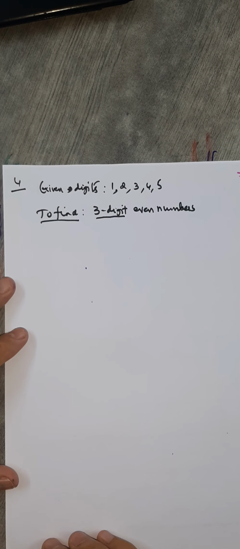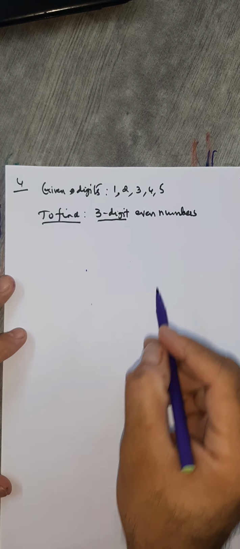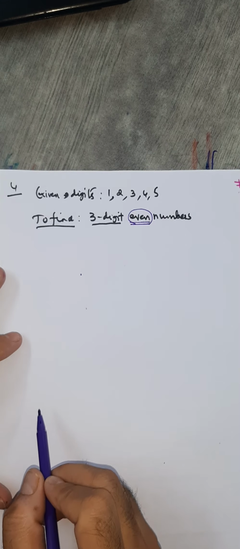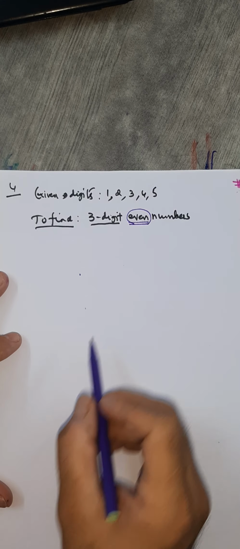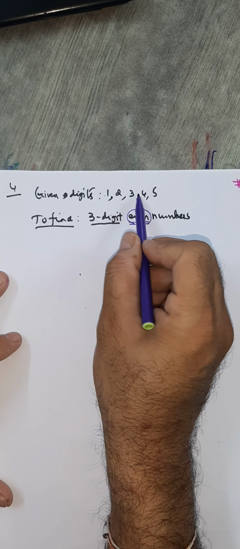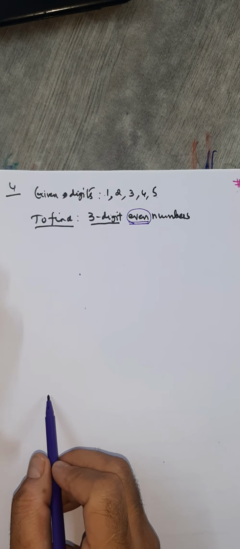Question number 4. How many 3-digit, see here even word is there, even numbers can be formed using the digits. Here digits you are given 1 2 3 4 5, no digit being repeated.